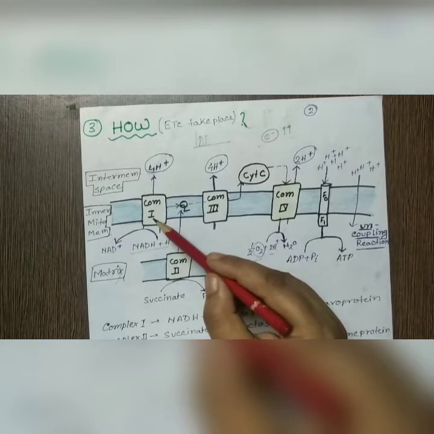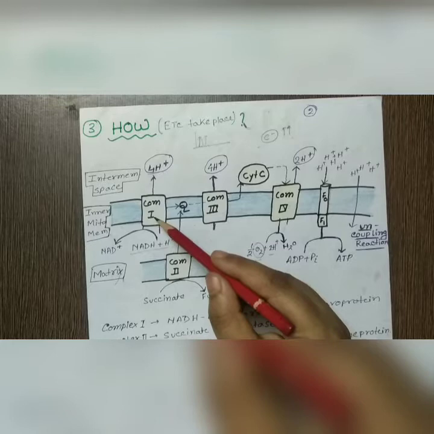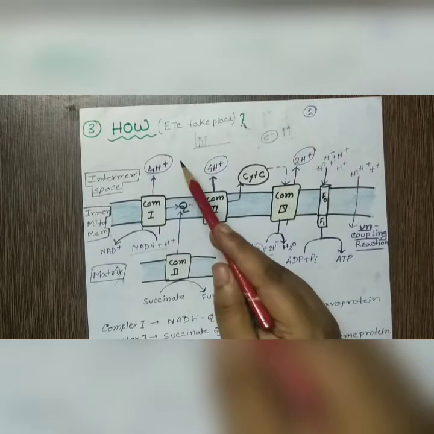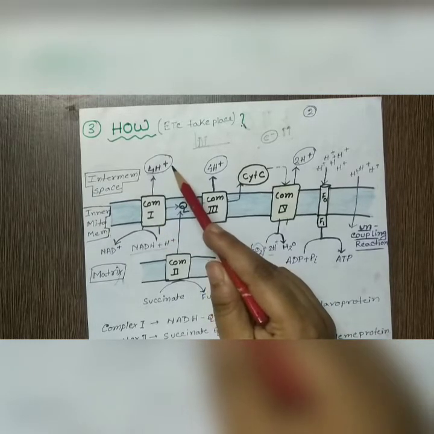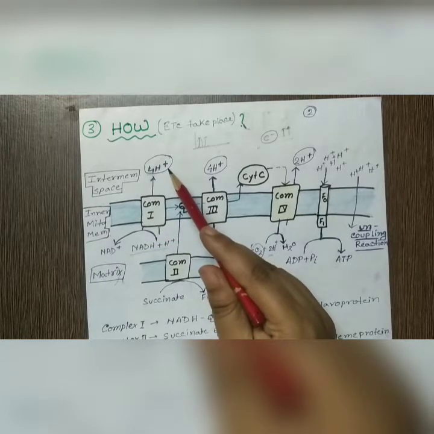This complex first rises in energy, but it can't stay at that high energy level, so it wants to be stabilized. Now this energy is released, and this energy actually pulls 4 protons from the matrix toward the intermembrane space.